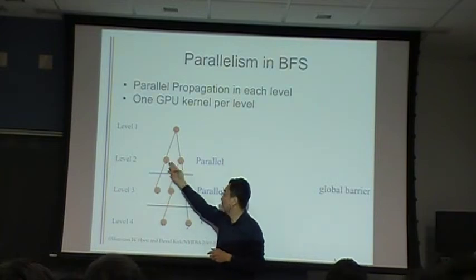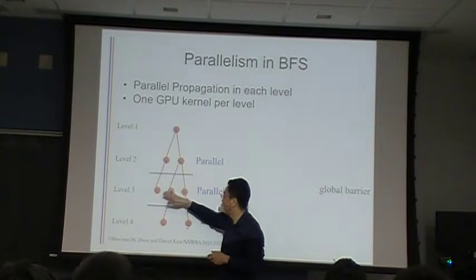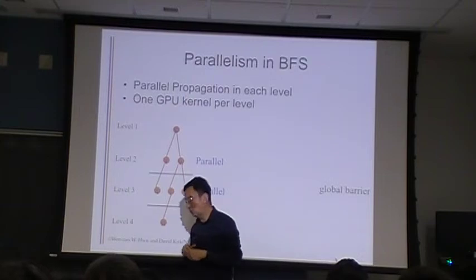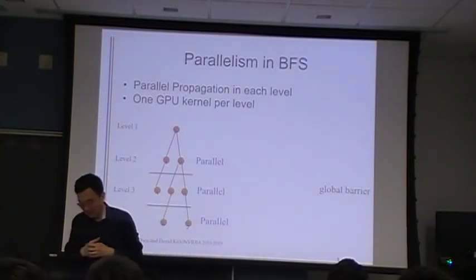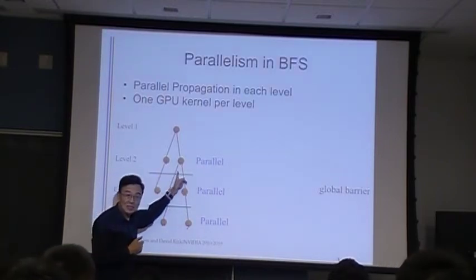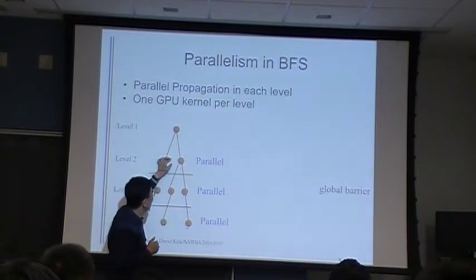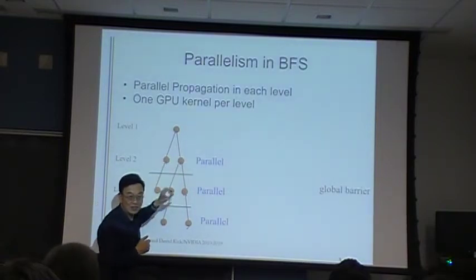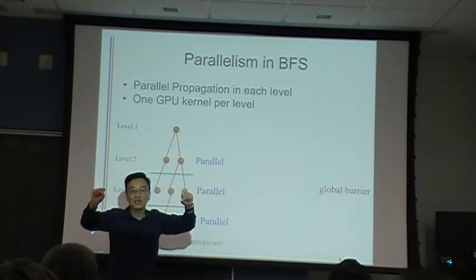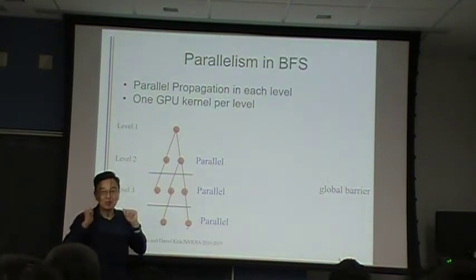So I can have two threads here to process in parallel to generate these frontiers, and then I can have three threads here to generate the next frontier. There are two problems involved in this kind of approach. One is that each thread has to have an easy way to identify the subset of nodes in the frontier to process, which actually is reasonably easy.